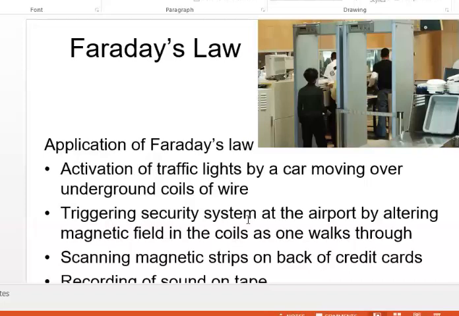Now, scanning magnetic strips on the back of credit cards, say ATM cards or credit cards, all these cards work on the principle of electromagnetic induction. When you insert the card, it has a magnetic strip there. So due to the movement of the card over the strip, a certain amount of electric signal is produced, and that signal is calculated digitally and then recognized as you.